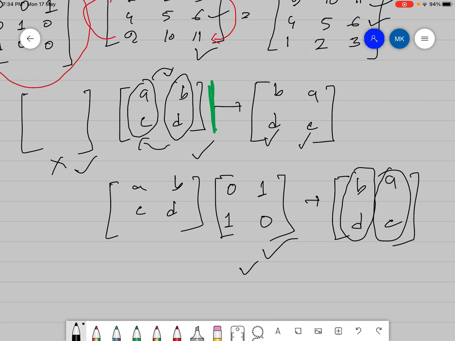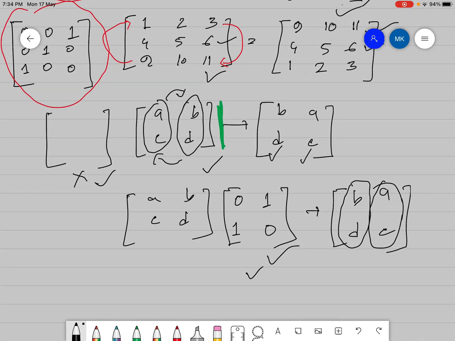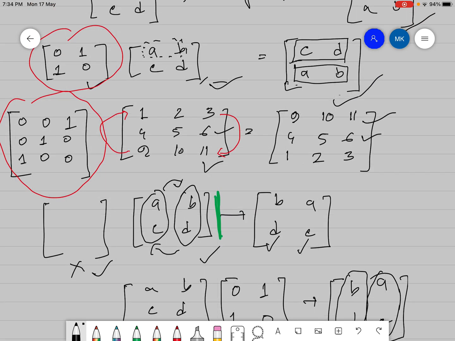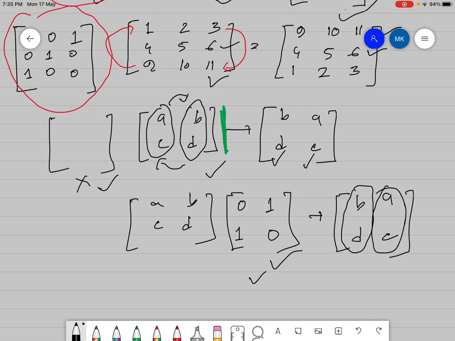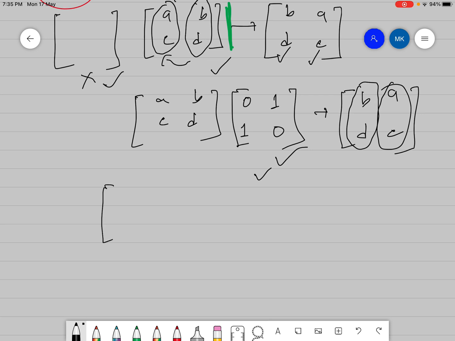So there is a shortcut here, that you should only change the rows of identity matrices, then you would get the desired permutation matrix. How? So the original identity matrix is 1 0 0 1.